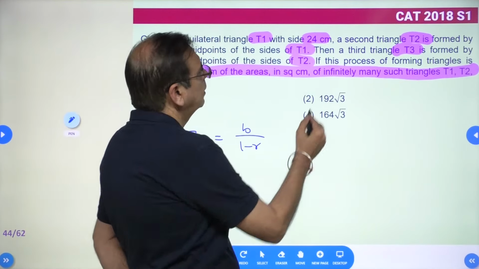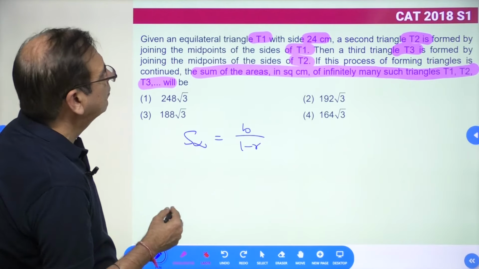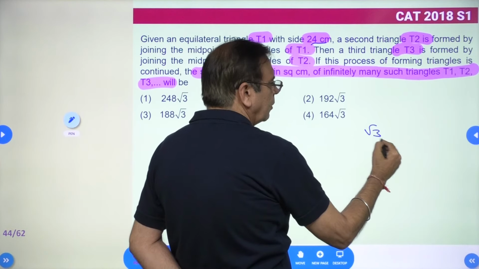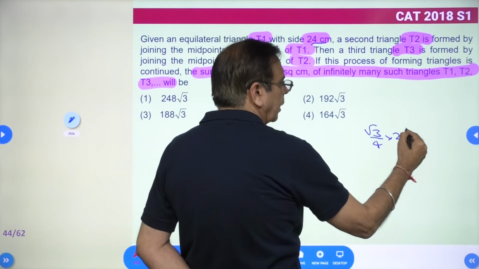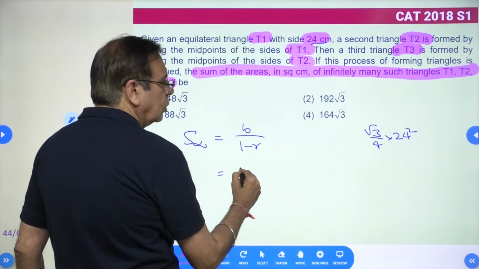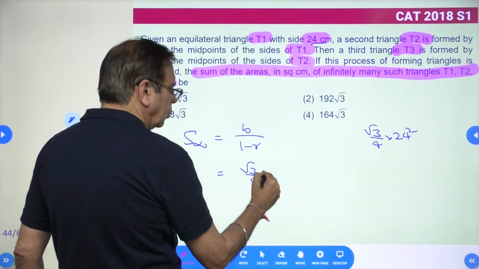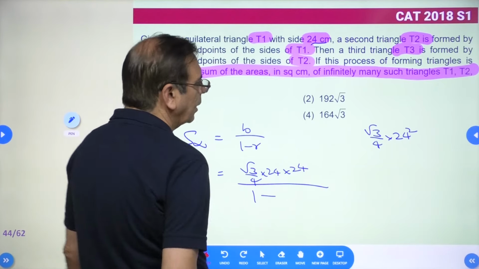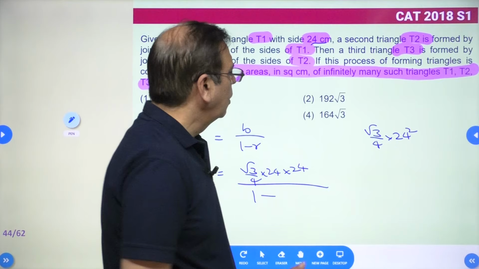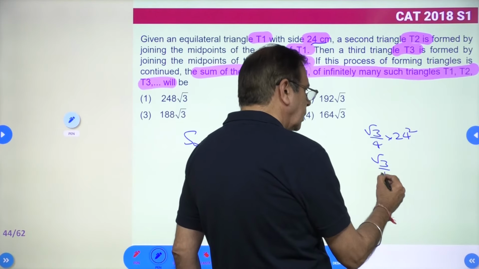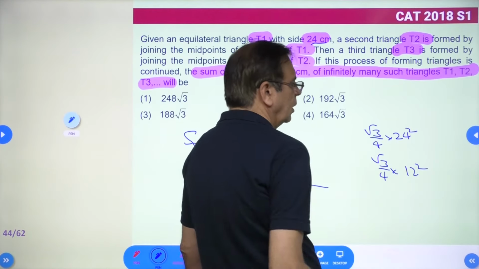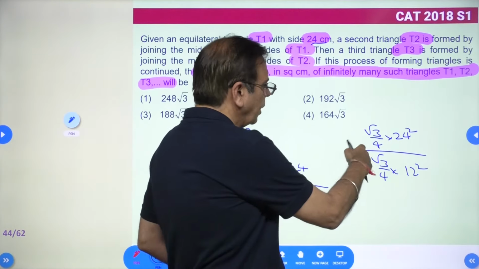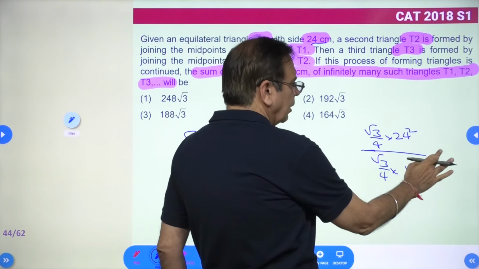What is the first term here? The first triangle will have an area of root 3 by 4 into 24 square. So this is root 3 by 4 into 24 into 24, upon 1 minus r. What is r? The next one is root 3 by 4 into 12 square.